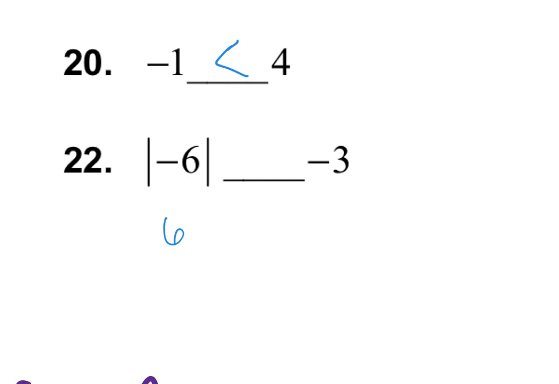And we're comparing 6 and -3. So 6 is clearly bigger than -3. So we would write the absolute value of -6 is greater than -3. Please write in your notes that this symbol means absolute value.